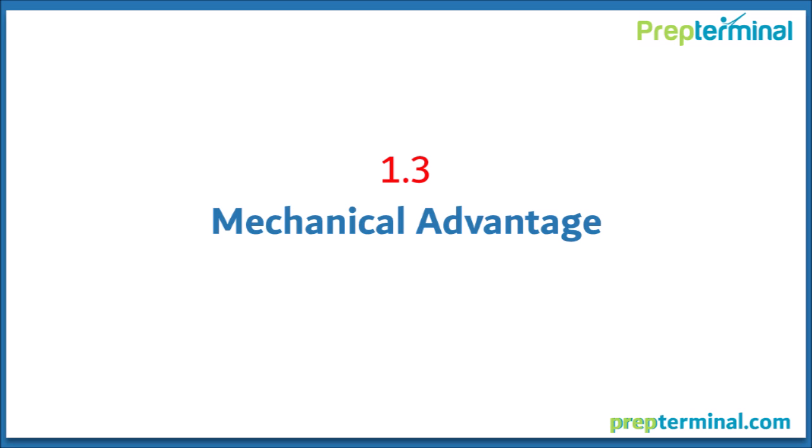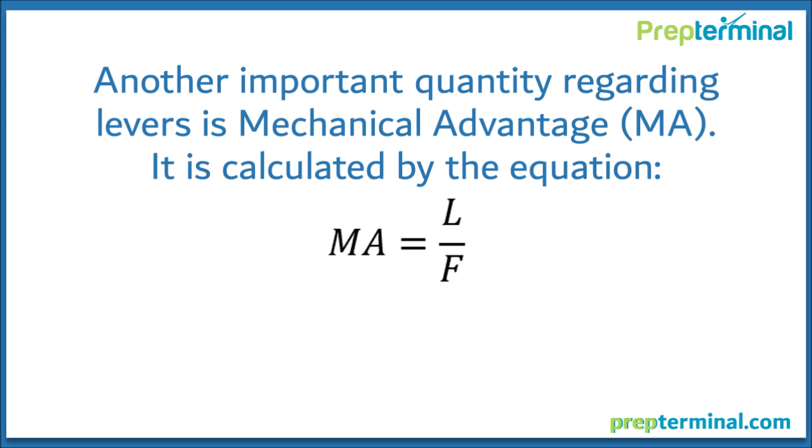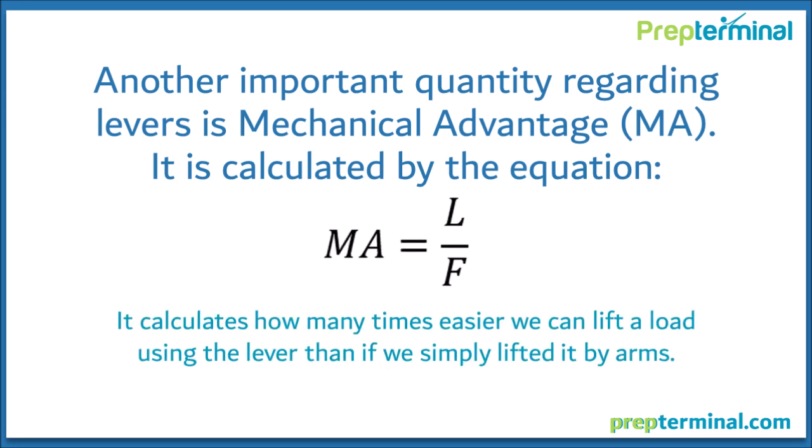1.3 Mechanical advantage. Another important quantity regarding levers is mechanical advantage, MA. It is calculated by the equation MA equals L divided by F. It calculates how many times easier we can lift a load using the lever than if we simply lifted it using our arms.